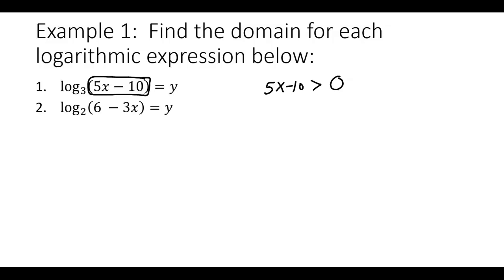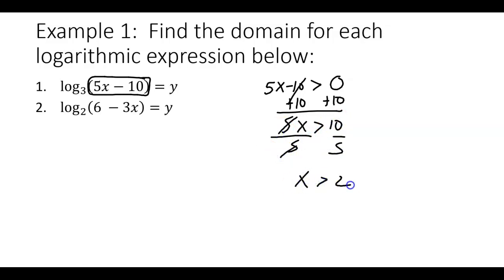So 5x minus 10 has to be greater than 0. That doesn't mean x has to be greater than 0. That means that this has to be greater than 0. So to find out what x is, we have to solve for x. And it turns out that x has to be greater than 2.